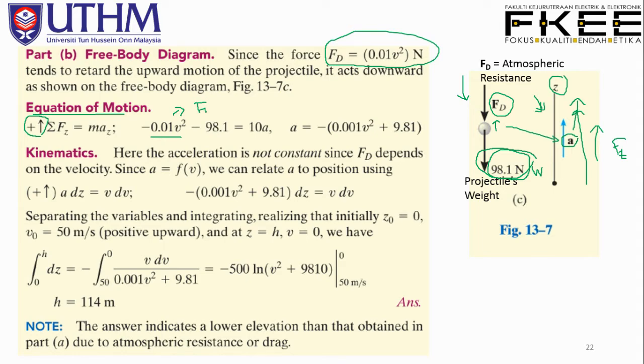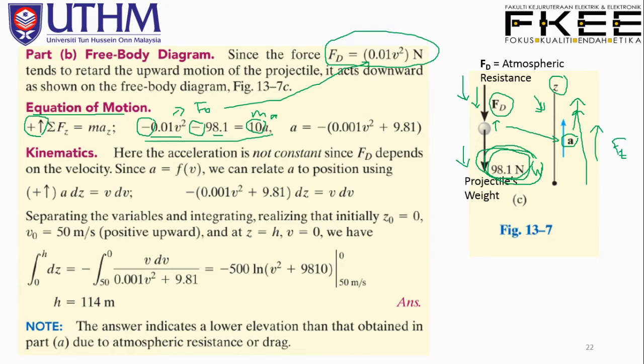All right, the atmospheric resistance is taken from here, with a negative sign because of the direction here. This is downward, so that's why we put negative signs. Similarly, for the weight of the projectile downward, again we have negative 98.1. Okay, so this is equal to MA, where M is 10 kilograms.